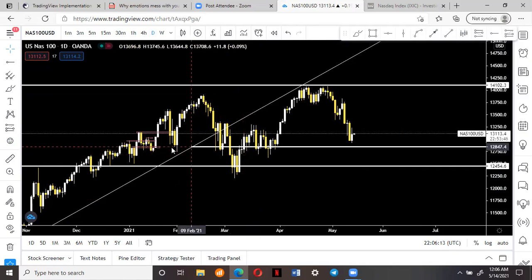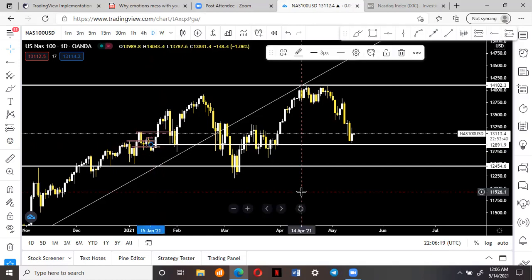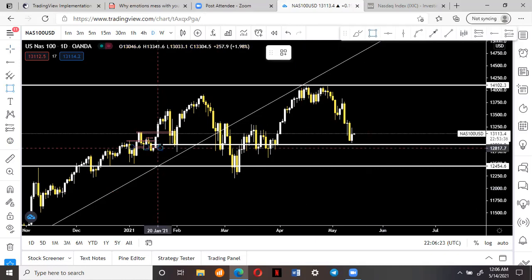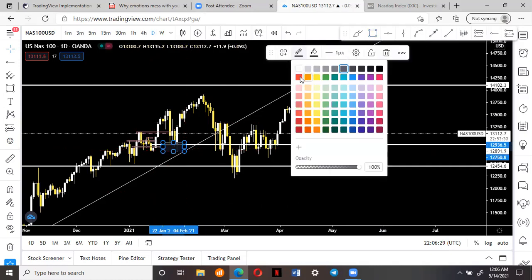So as you can see here, actually let me start here, right? Looking at this, you can see that we had our strong level of support here. Let me make this clear. Now let me make it yellow.